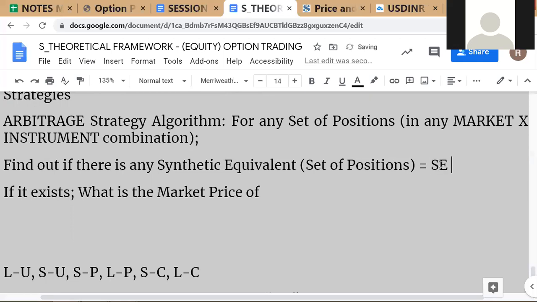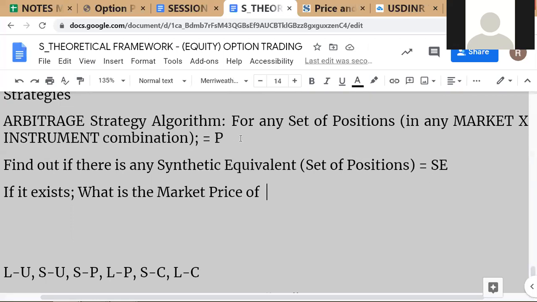I'm just going to call it SE, okay? Now, let's call this P. P is the position and SE is the synthetic equivalent. This is just so that I don't have to write these big words every time.